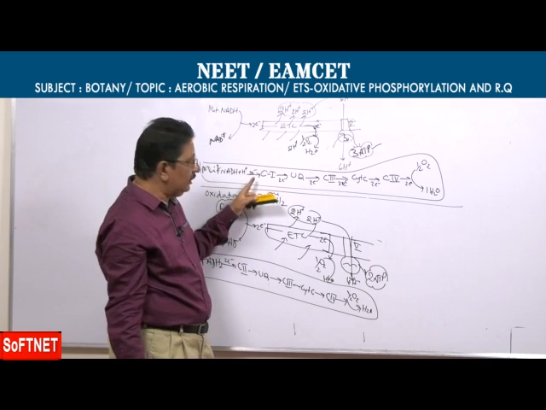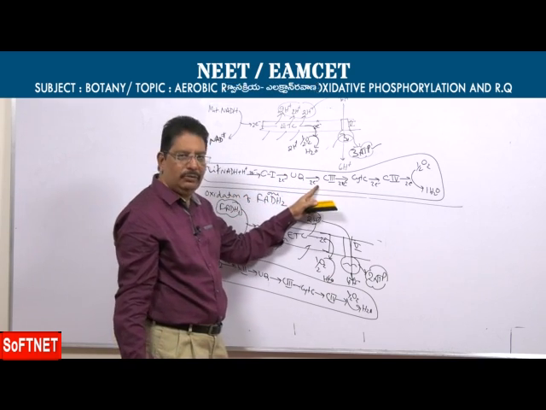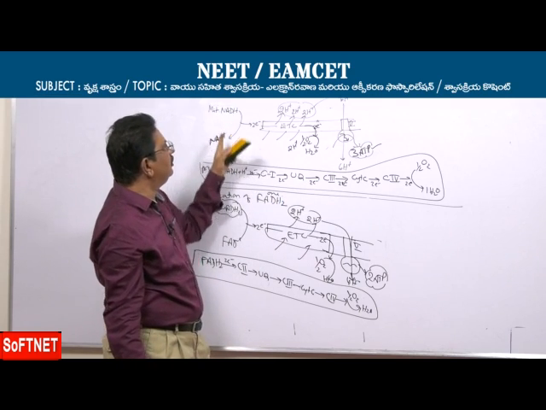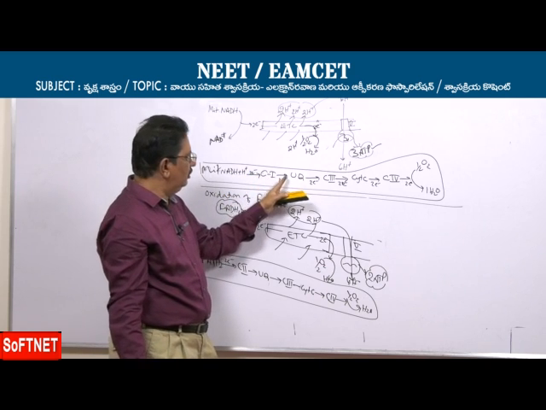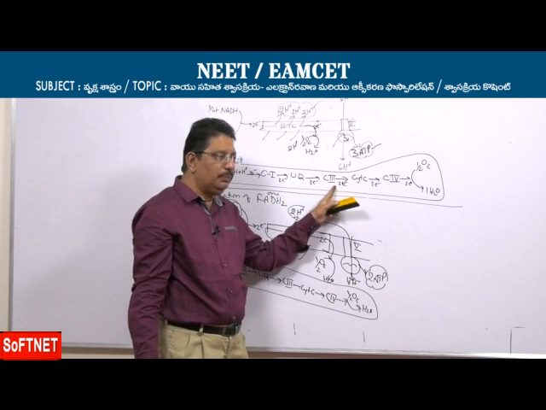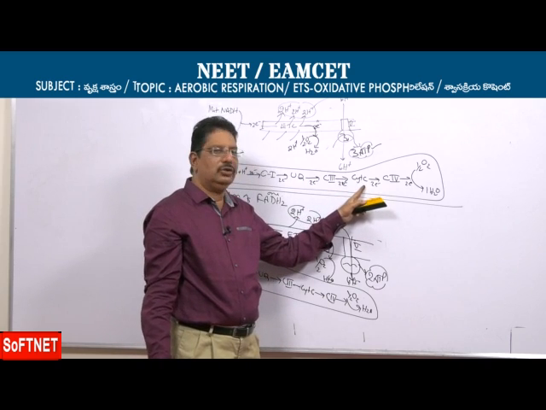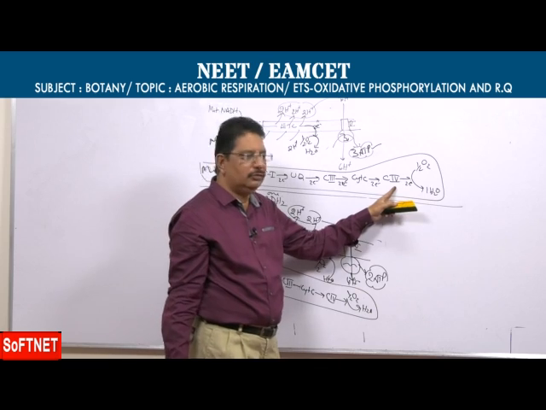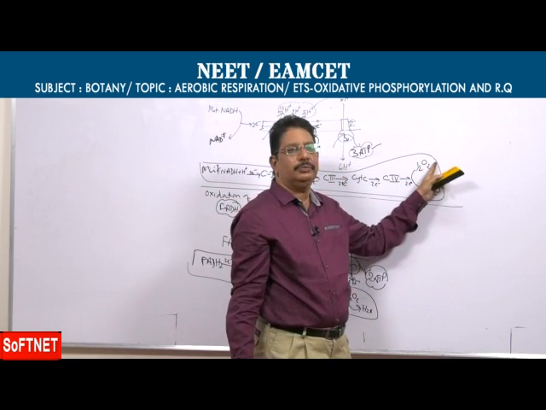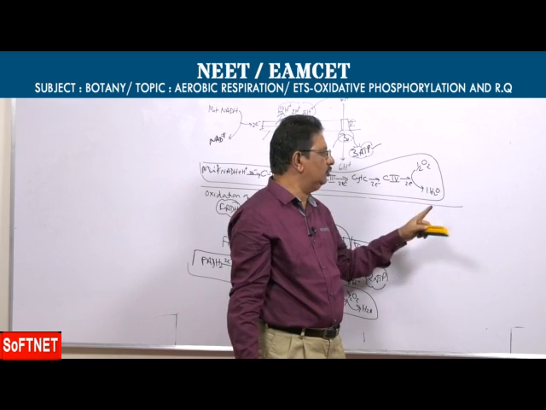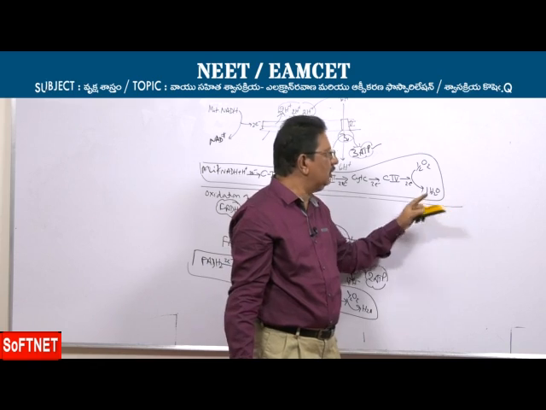So, the correct sequence of electron travel during oxidation of mitochondrial NADH starts with complex 1, ubiquinone, complex 3, cytochrome C and complex 4. Finally, the terminal electron acceptor in respiration is O2, which forms water.